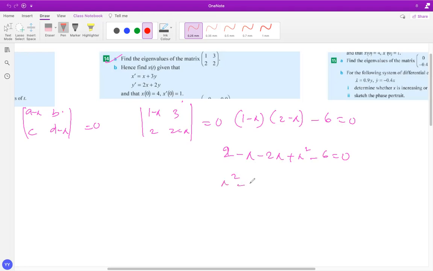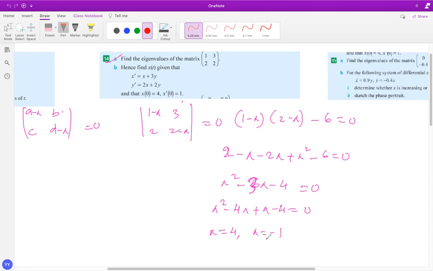So you get lambda square minus 3 lambda, and 2 minus 6 is negative 4, equals 0. If you factor this, you get lambda square minus 4 lambda plus lambda minus 4 equals 0. That gives you lambda as positive 4 and lambda as negative 1.